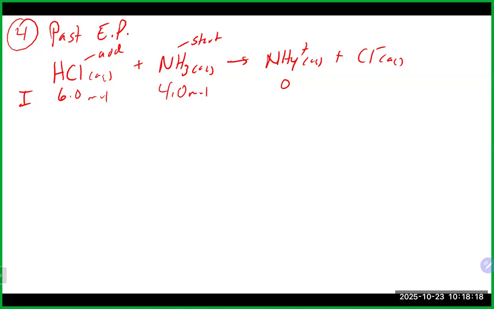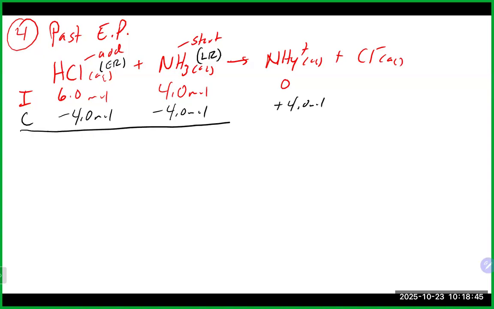Remember, it's at this point that we get a change, because we now have fewer moles of what we started with, the NH3 in this example. It becomes the limiting reagent, and the HCl is the excess reagent. So we choose the smaller number, which is 4, and 4, and plus 4. Once again, I'm ignoring my chloride for the same reason as earlier. We end up with 2 moles of HCl, 0, and 4 moles of NH4 plus.